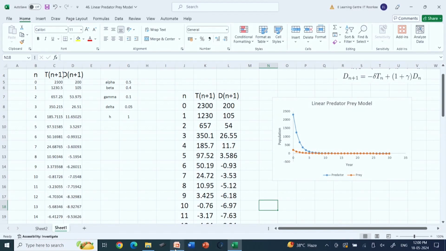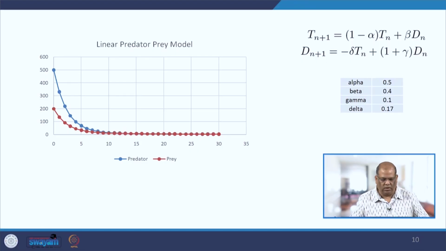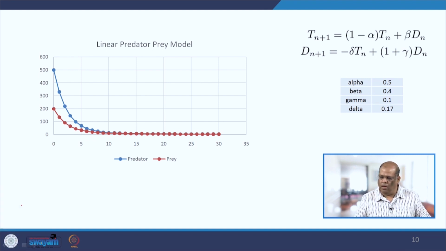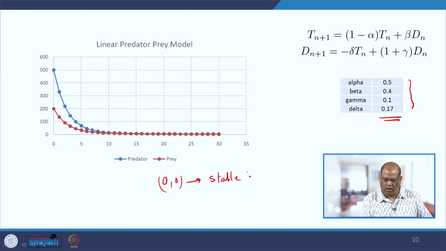Quickly recapitulate the numerical results. So this is your case 1, where your alpha is 0.5, beta is 0.4, gamma is 0.1 and delta is 0.17. This is the case where 0, 0 is stable, and you see that you have started from 500 and 200 and you reach the point 0.